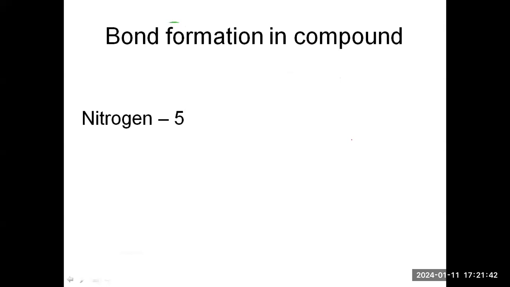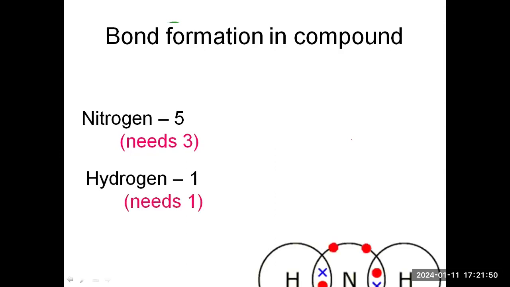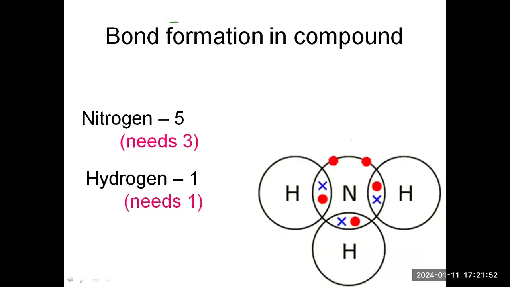Now, if nitrogen and hydrogen combine together, having valency 3 and 1 each, we get the compound ammonia, NH3. This is ammonia gas.